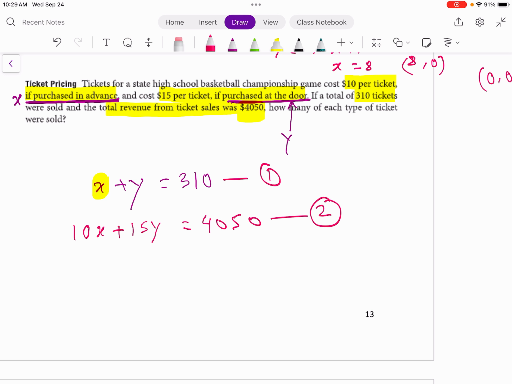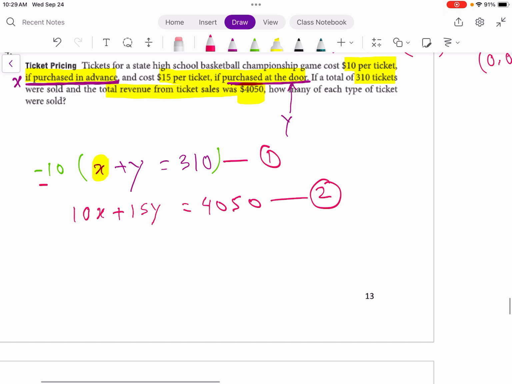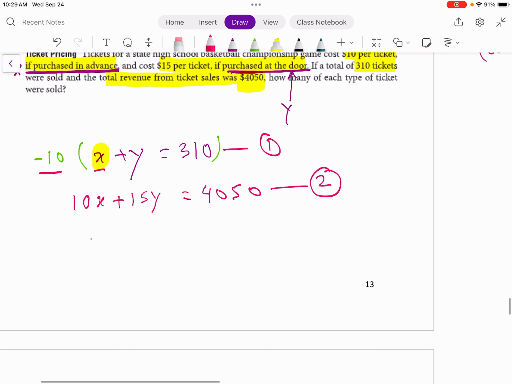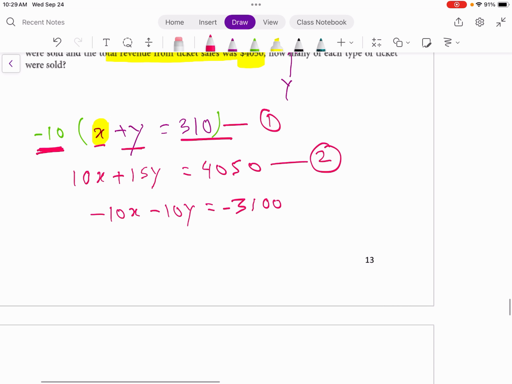Let's multiply our equation 1 by negative 10, and make sure you multiply both sides. So negative 10x, negative 10y equals negative 10 times 310, that is negative 3100.